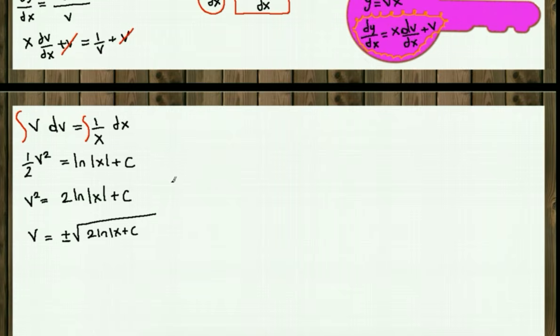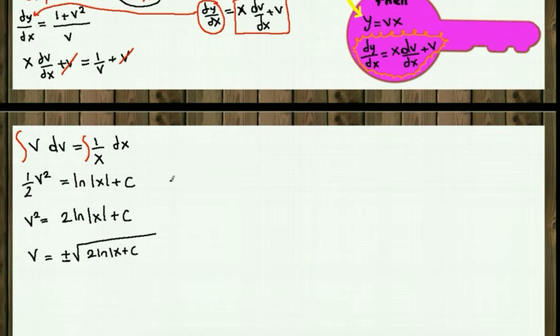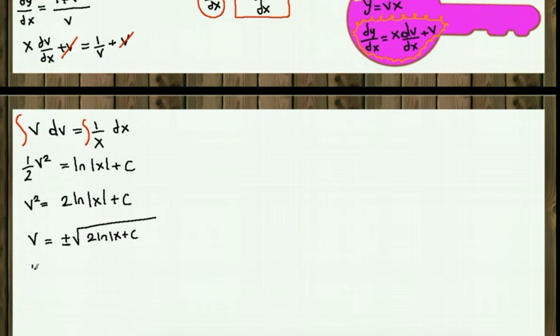So v was y over x, equals plus or minus square root of 2 ln of x plus c, and times x, because we need to multiply both sides by x. So y equals x times plus or minus the square root of 2 ln of x plus c.